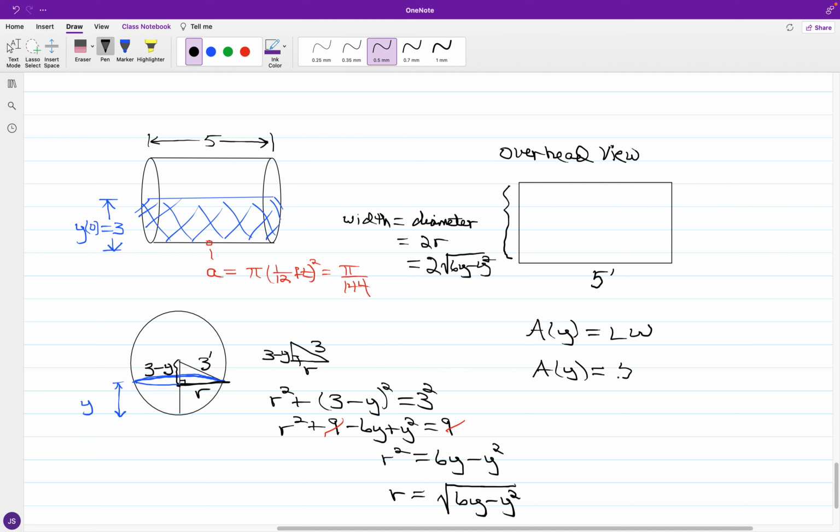Length is at 5, and the width, we have 2 times the square root of 6y minus y squared.